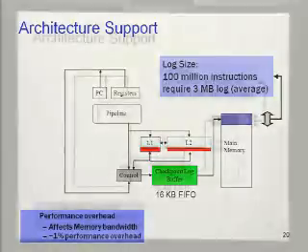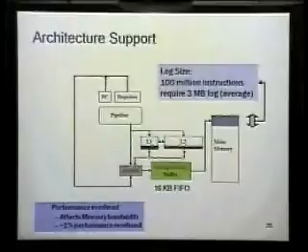Right. Another question is, how much space should I allocate in the main memory to capture the program's execution? To capture 100 million instructions across different SPEC applications and different open source programs that we analyzed, we required about 3 megabytes of data.